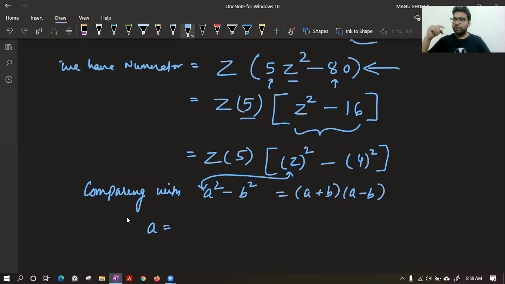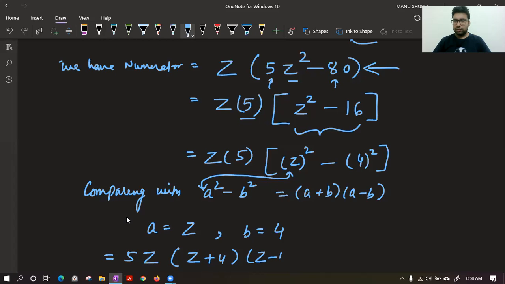The squares are comparable and a is z. Similarly, b equal to how much? Rachit, why is it 5, beta? We are comparing with this square bracket one only. So b is 4. We can write this as 5z in bracket z plus 4 and z minus 4.